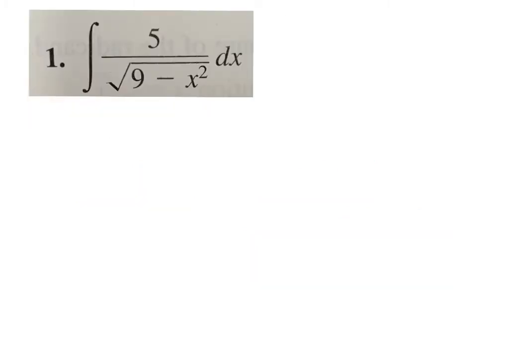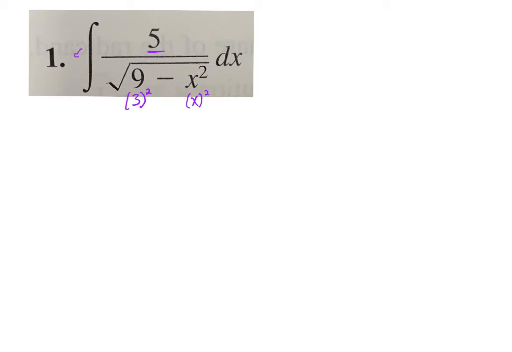For this one, you're going to look that you have 3 squared here and x squared here. The derivative of the x is just 1, so you don't have to worry about that at all. The 5 is just being multiplied, so it's also going to be multiplied to your derivative. You can think of the 5 as out in front here or just being multiplied by the antiderivative.